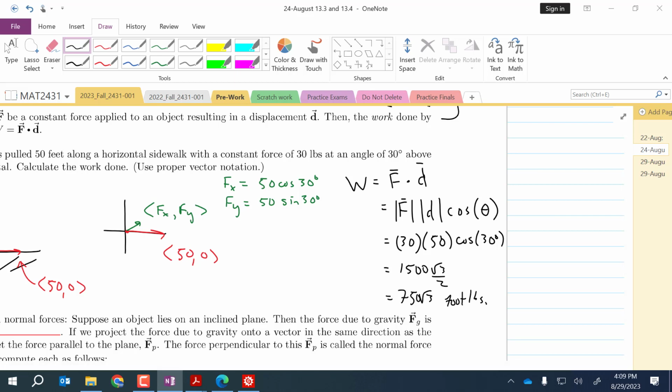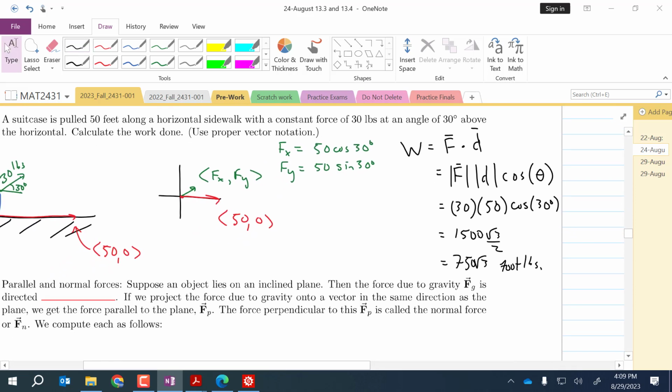How we doing, folks? So do you see, there's lots of ways to make the vectors align, okay? Lots of ways to make these vectors align. You could have broken it up into components, and then you could have done the dot product by just taking the x component times 50 times the y component times 0.